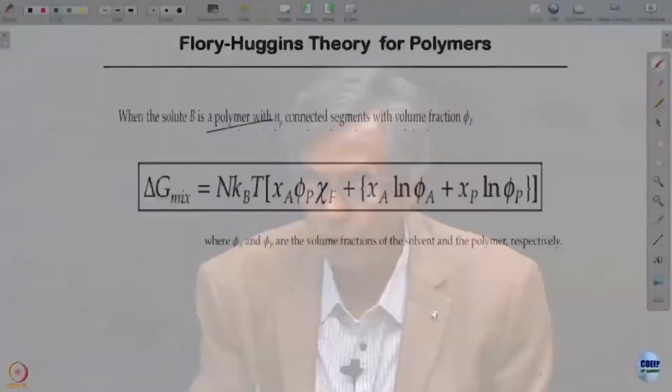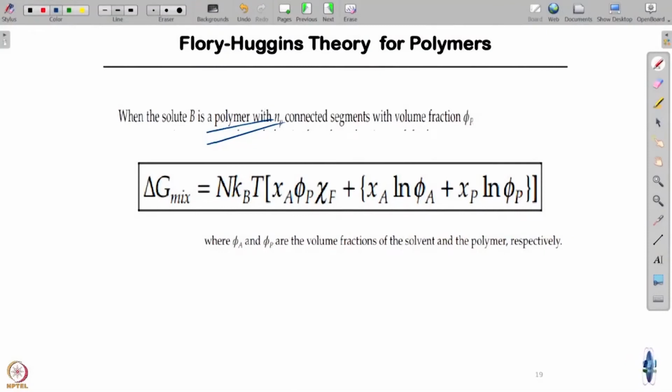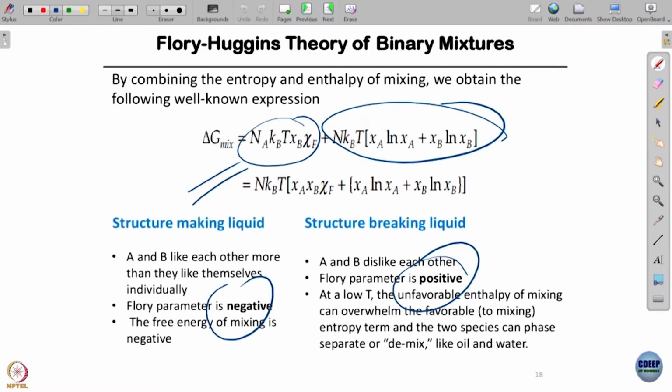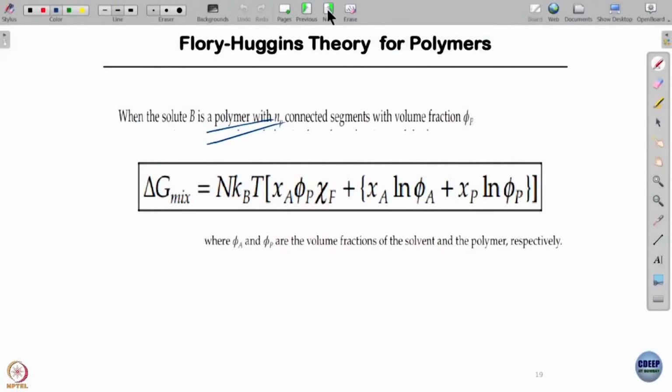Okay, now Flory said that in the case of polymer, I am not going to go into details of that. In polymer, what Flory showed is that this number that goes in here, and these volume fractions. So the number of contacts that we have done in A and B depends on the volume fraction. If one guy is much bigger than the other, then you have to talk of the volume fraction, and that then goes into this.